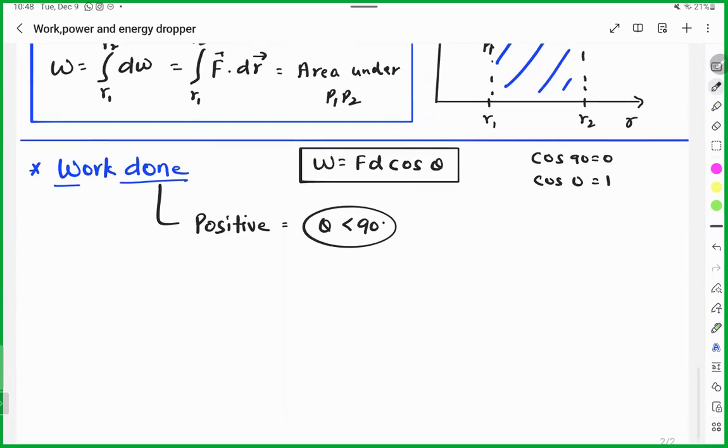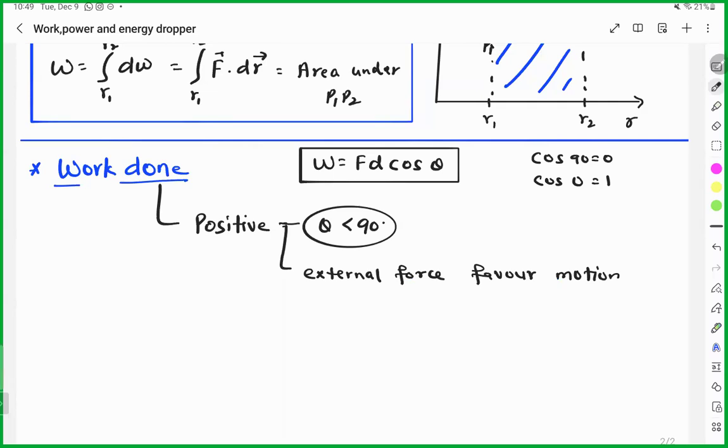Positive work done will be there when you apply an external force, and this external force favors the motion. Correct? Because of the external force, there is a continuous motion. Example, when a body falls freely under gravity. Gravity is acting in the downward direction. Body is moving in the downward direction.